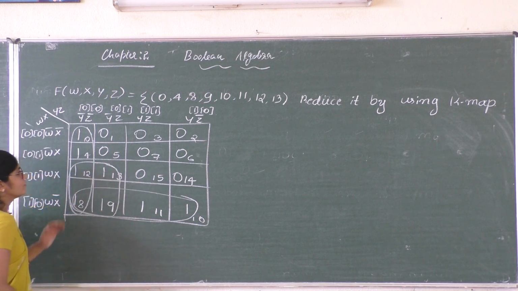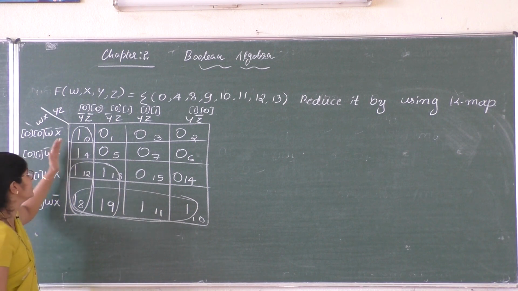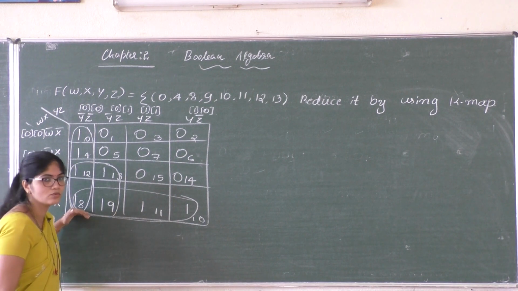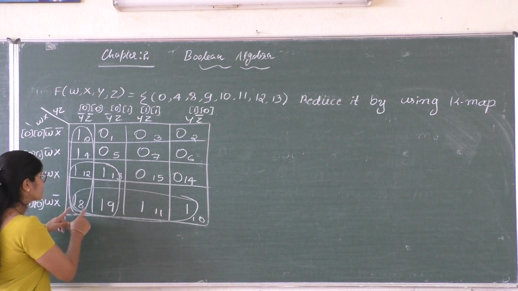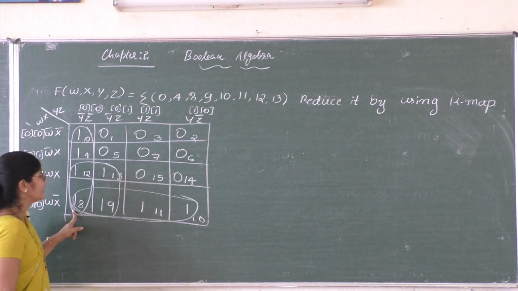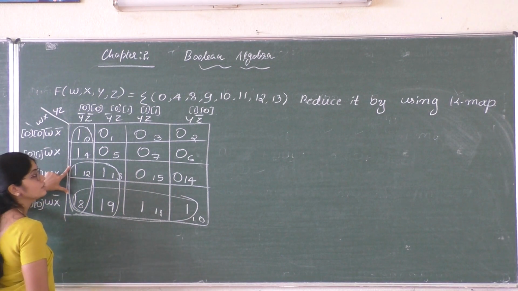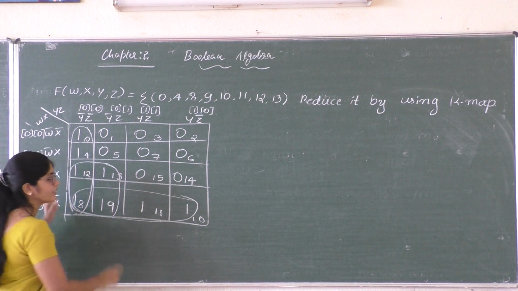See, first quad is formed by using the ones in 0th, 4th, 12th and 8th square, and second quad is formed by using the squares 8, 9, 11, 10, and third quad is formed by using the ones in 12th, 13th, 8th and 9th square.